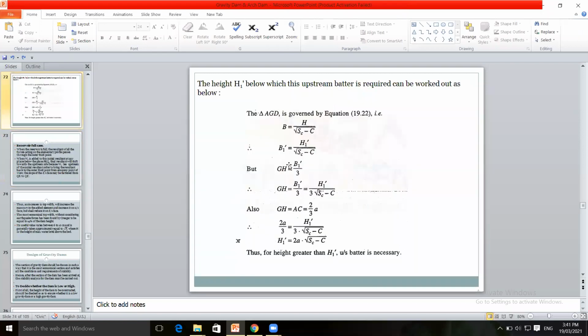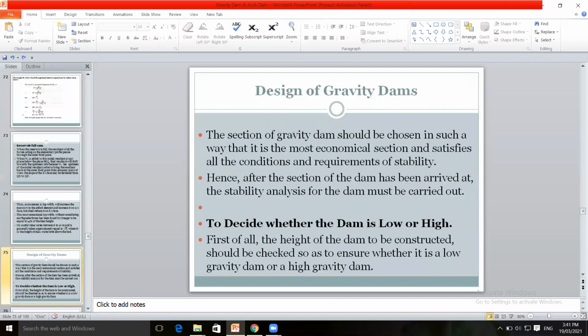So far you have understood how to fix the section of the dam. So the height of the dam to be constructed should be checked to ensure whether it is a low gravity dam or high gravity dam.